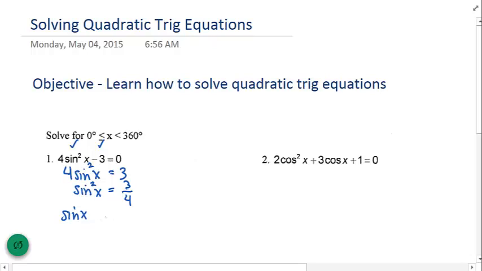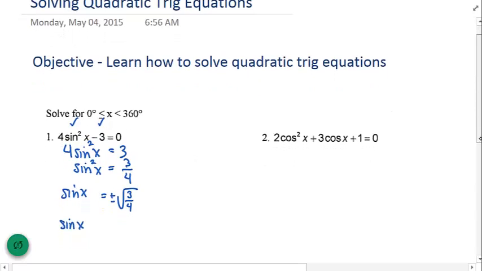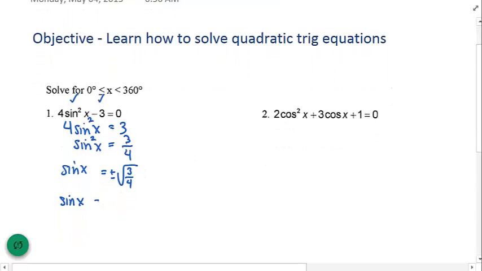And then we take the square root of both sides, and remember, whenever you take the square root, you have to consider both the positive and the negative root. When we do that, we find that the sine of x is going to be simplified.